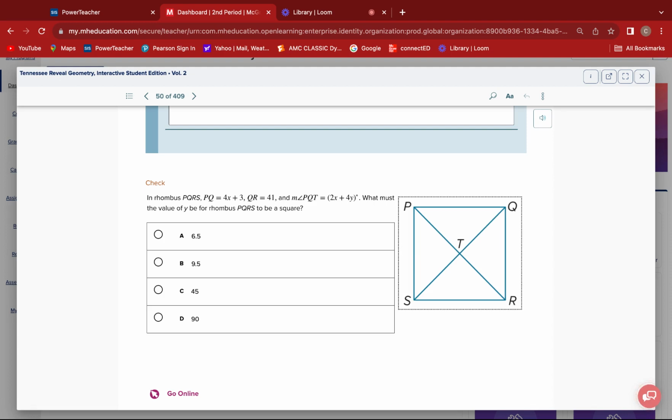Okay, let's see what's going on here. This is interesting. So first thing I'm going to do is set these two equal to each other to find x, because they are sides of the rhombus, so they are the same measure. This is going to get me x.